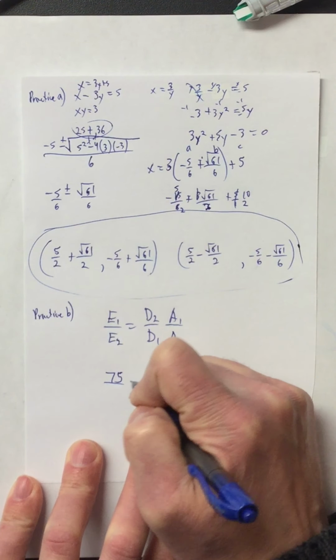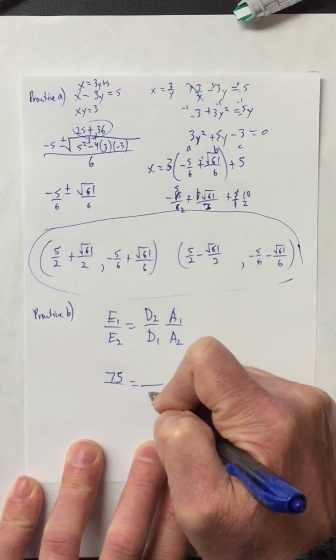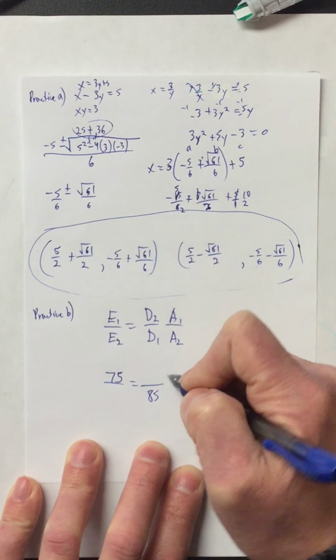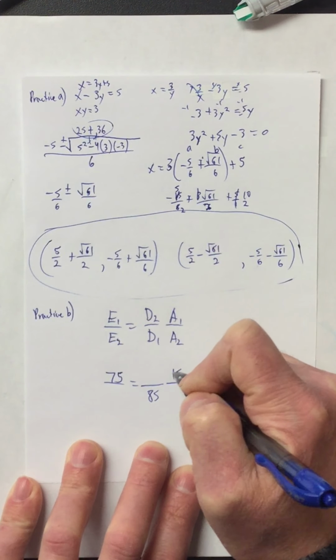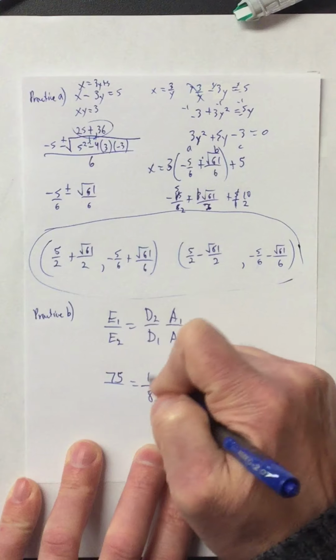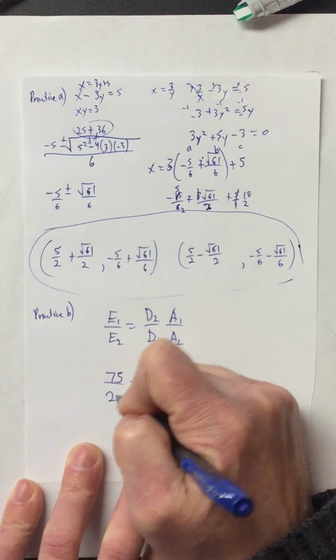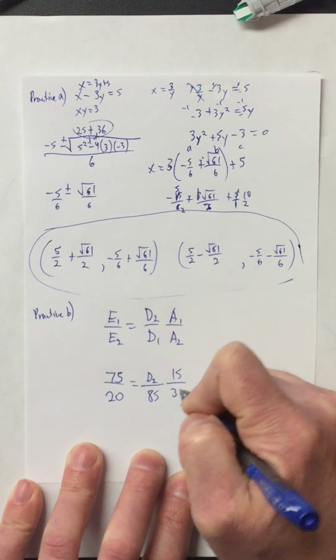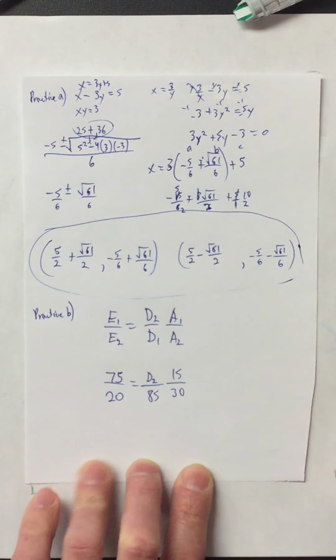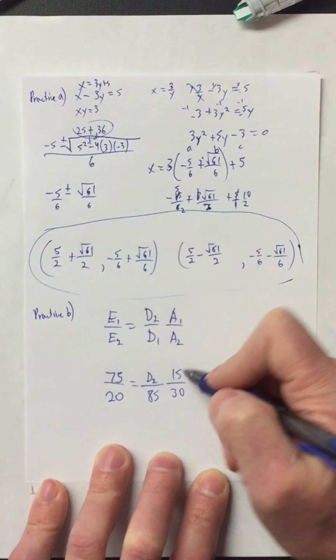Our first deer number, and remember, the first deer number goes on the bottom, is 85, and my first antelope is 15. And so then how many deer were they? So deer 2, that's my variable, don't know what that is, when there's 20 elk and 30 antelope. Okay, there it is. We are all set up, and I'm going to cancel some things here.